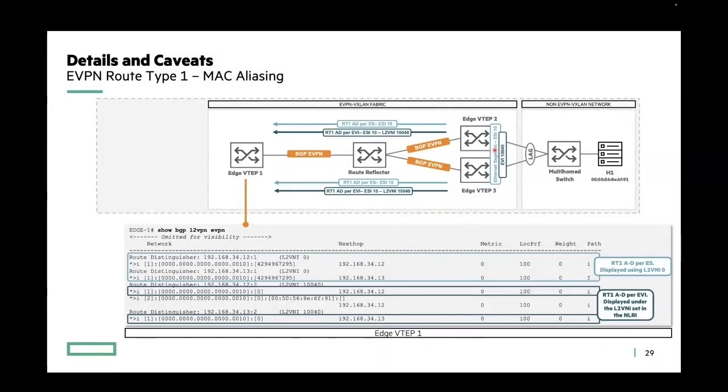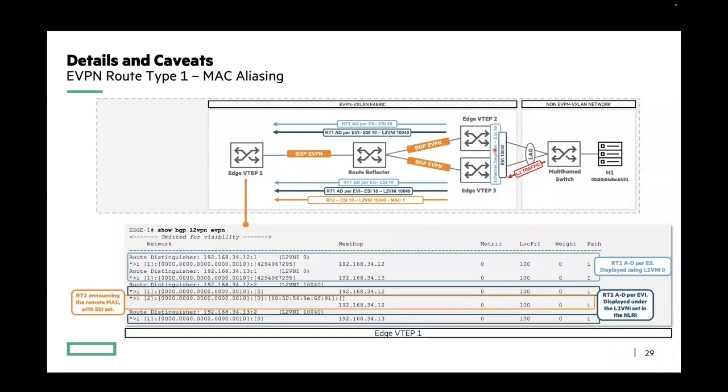This RT1, in addition to the ESI, will include the type of redundancy mode currently used. On the other side, RT1 AD per EVI are also sent by all VTEPs, announcing the availability of the EVI, in that case EVI 10040.